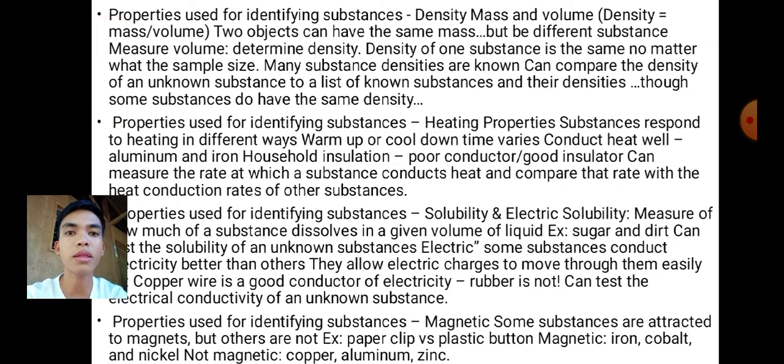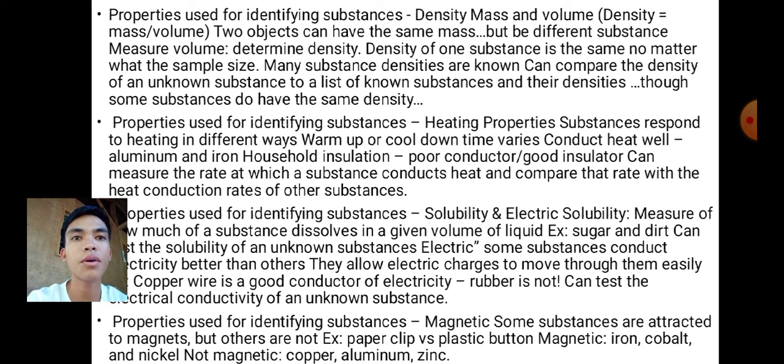Properties used for identifying substances: density, mass, and volume. Two objects can have the same mass but be different substances. Measure volume, determine density, and the density of one substance is the same no matter what the sample size. Many substance densities are known.